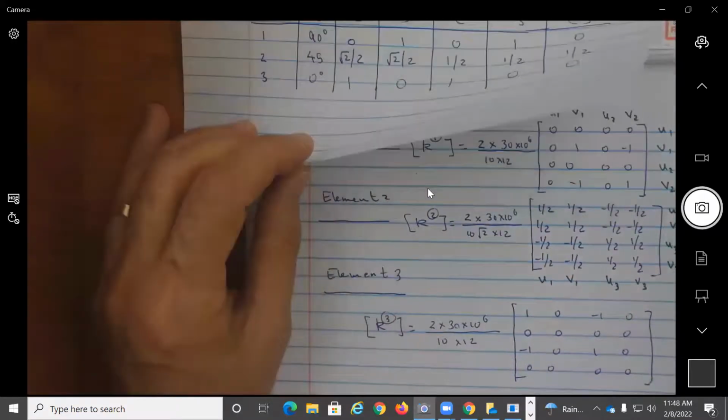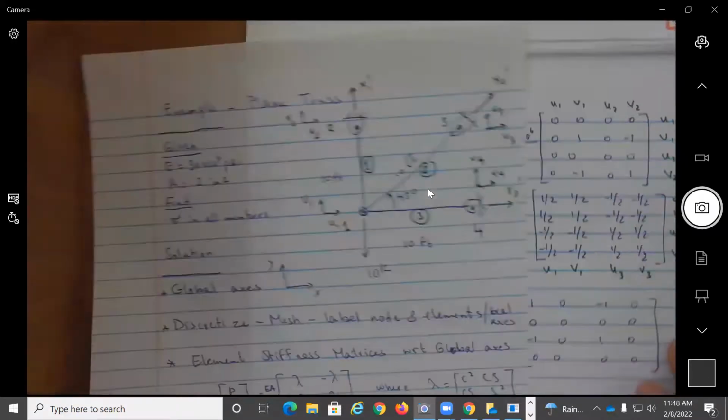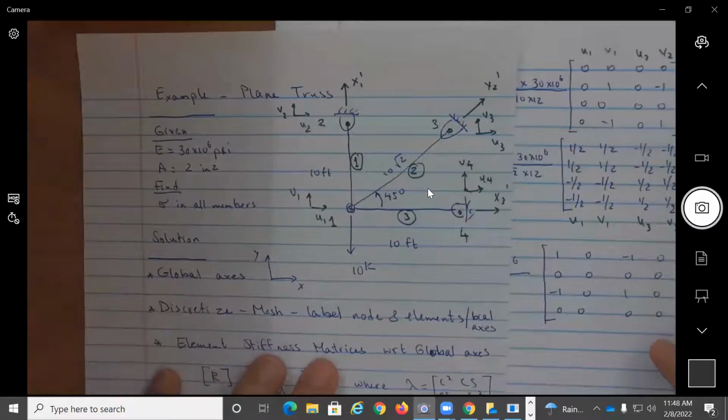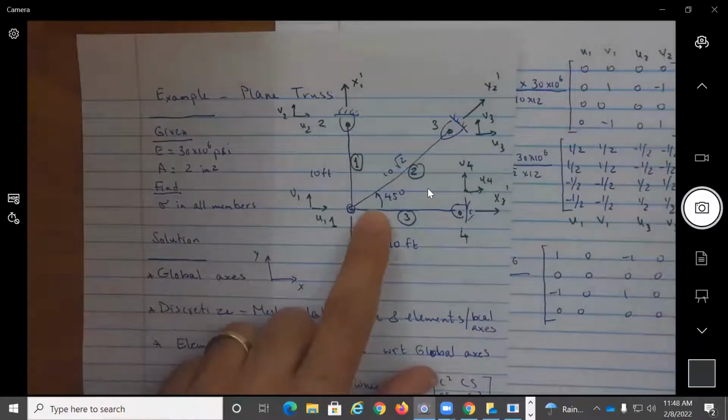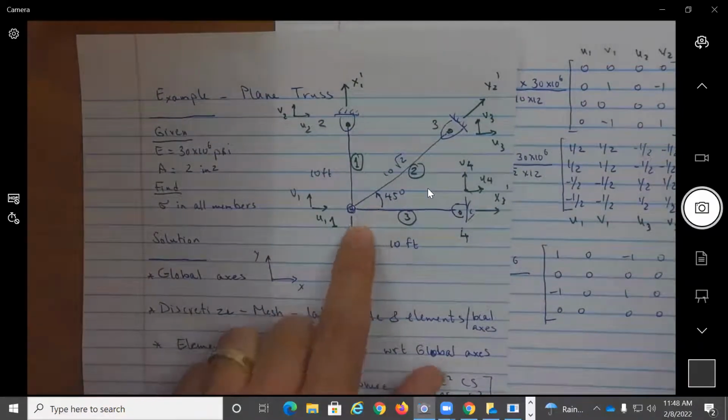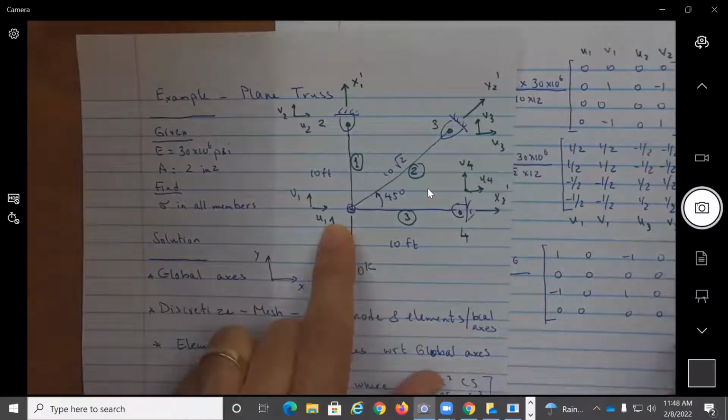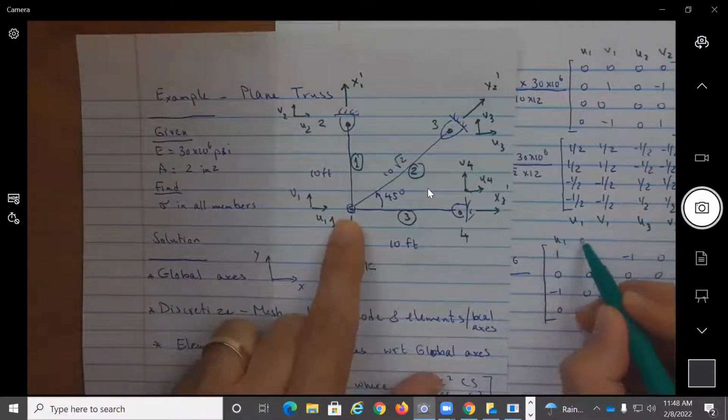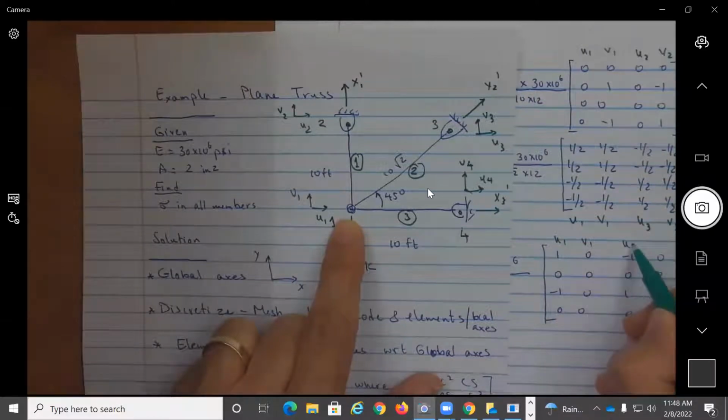I'm going to label the degrees of freedom that correspond to the third element. So I have U1, V1, U4, V4.